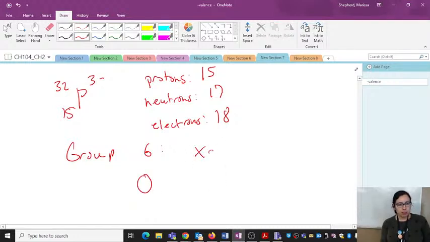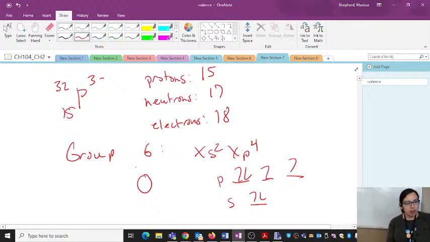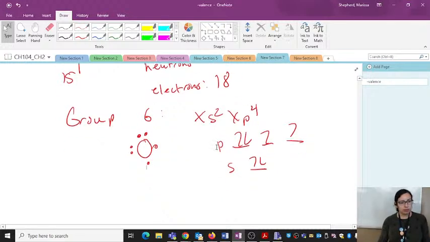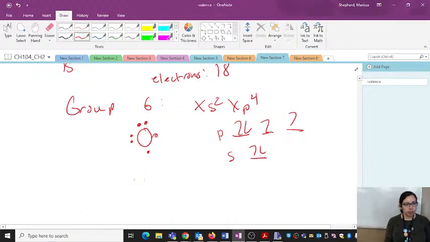And so that has a configuration, right, XS2, XP4 now. So 2, 1, 2, 3. So now we have to go back and pair 1. And so just draw that to represent it. Again, we can represent it like that.